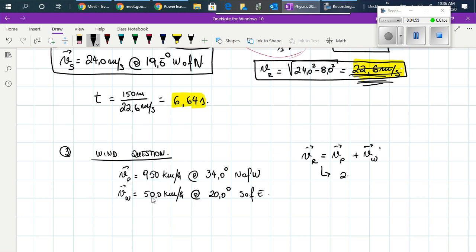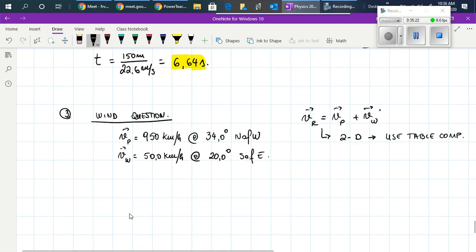Since we are dealing with a 2D situation, and it's not an easy one like in the previous case, but a 2D with horizontal and vertical components, we will use the table of components, as we have done for adding two vectors.